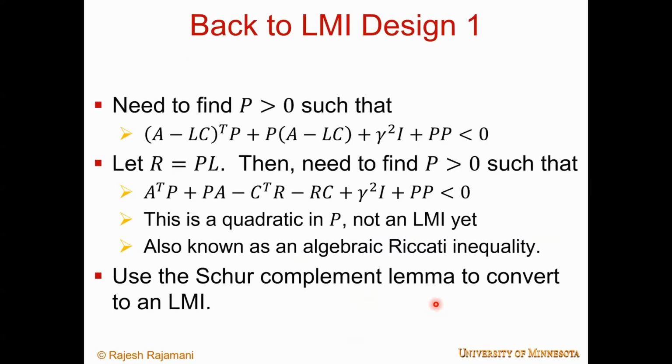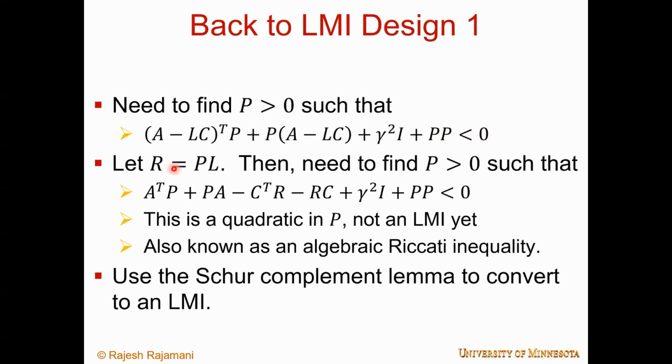Okay, so let's go back to the nonlinear observer design problem. In the case of the nonlinear observer design problem, this was the inequality that we needed to solve: (A minus LC) transpose P plus P(A minus LC) plus gamma square I plus PP less than 0.